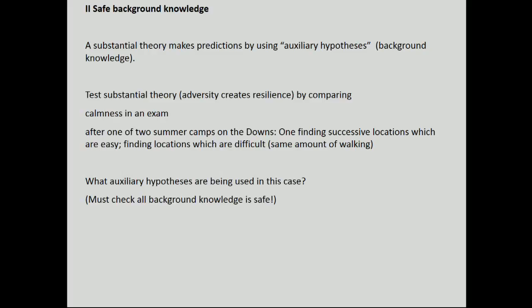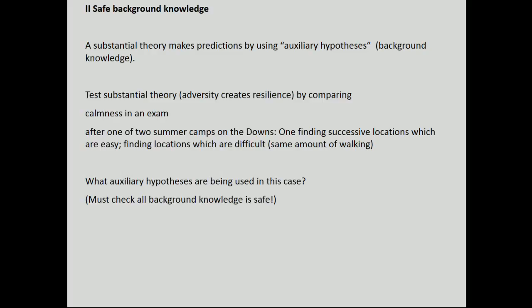So take the theory that experience of adversity in life creates later resilience. You could have a manipulation where you try and give people adversity. They have a boot camp on the Downs, and they have to find different locations, different pubs or valleys or whatever. So they're given a map and some instructions.